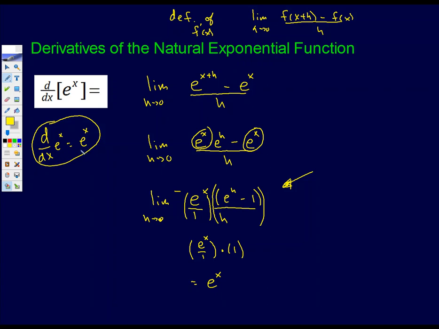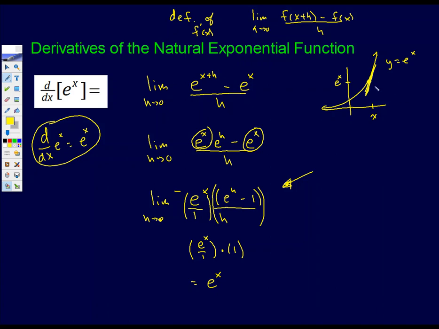If you think about it, that means if you were on the graph of that exponential function, remember the shape looks like this. What that proves is no matter what point you are on, if I pick some x and the y coordinate then would be e to the x, the slope of that graph is the identical value of the y coordinate of the point, because the derivative of the function is the function value.